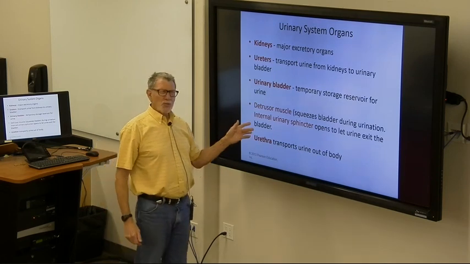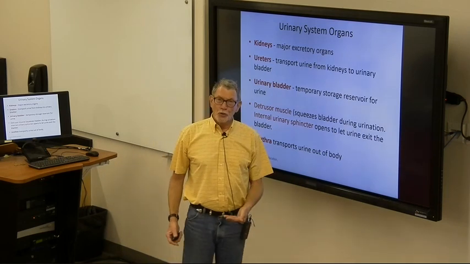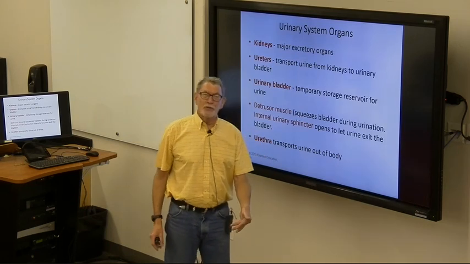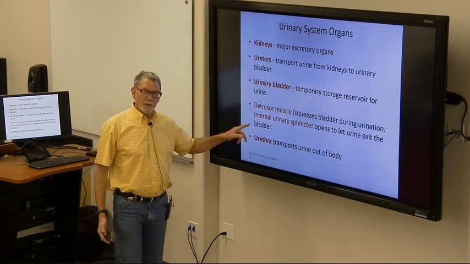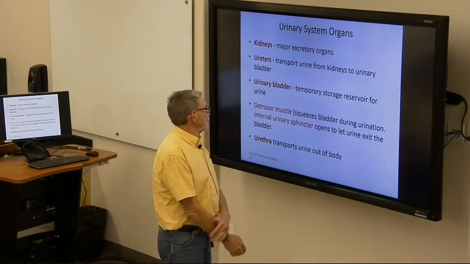Like defecation, we have an internal and external urinary sphincter. The internal one is involuntary. It opens when it's time to pee. The external one is the one you get to control. The urethra then takes the urine from the bladder outside the body.